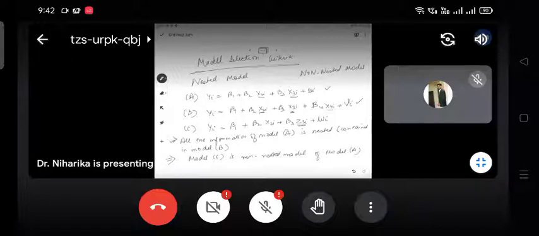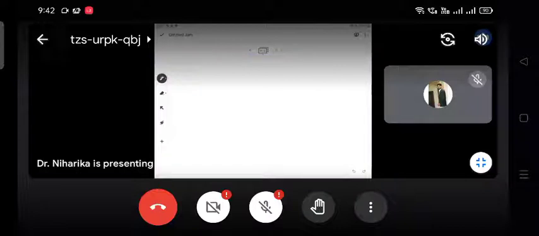Okay. So now there are different criteria for selecting a better model. If we have 2 or 3 models, how to compare those models and tell which model can be used for estimation? For that, we have different criteria. The first one, this we already know, is greater value of R square.